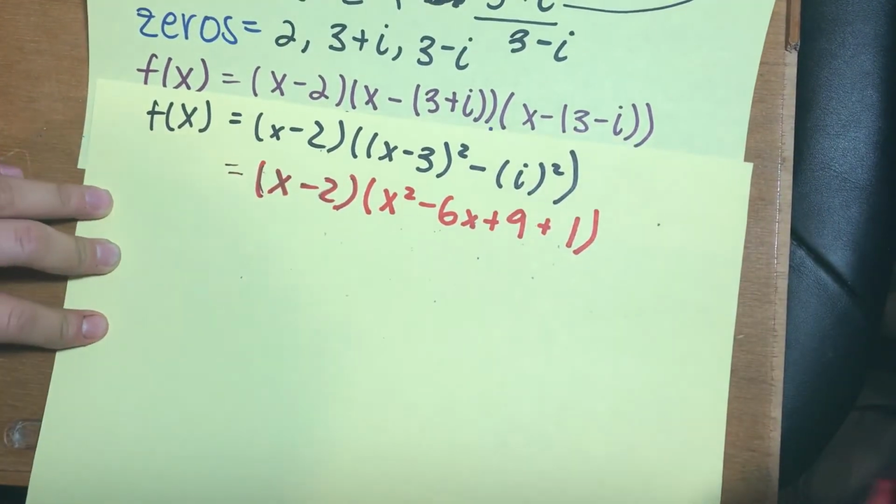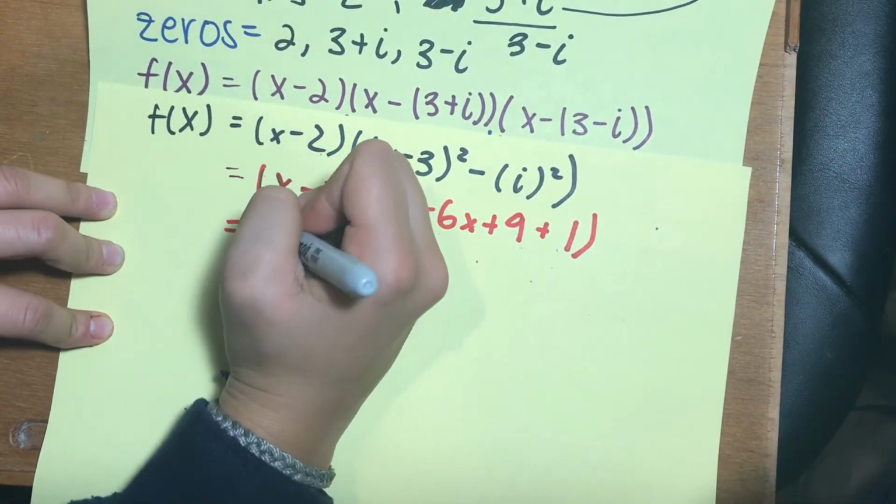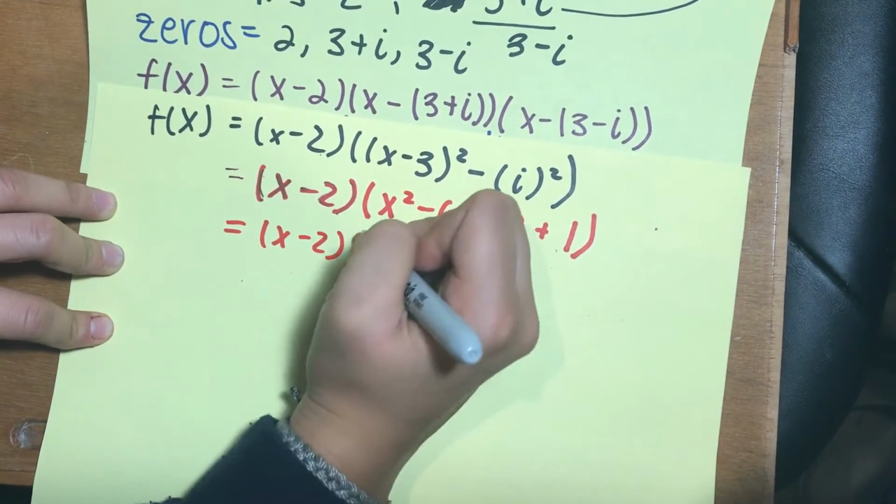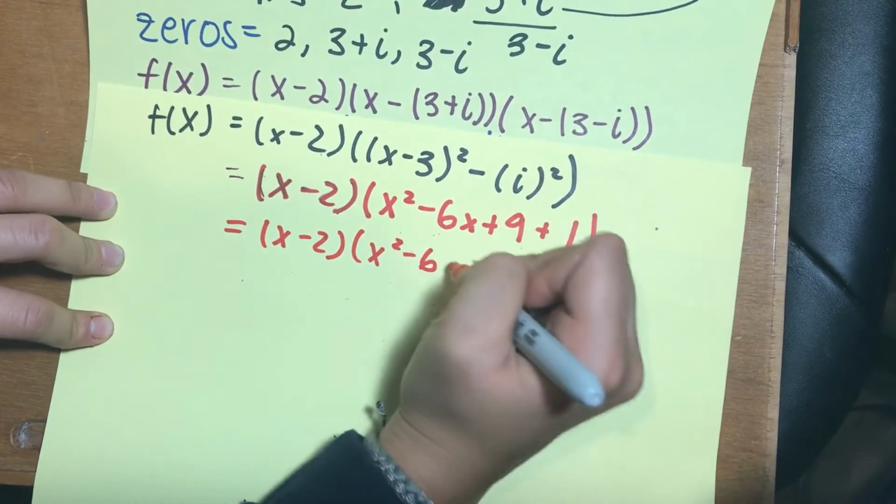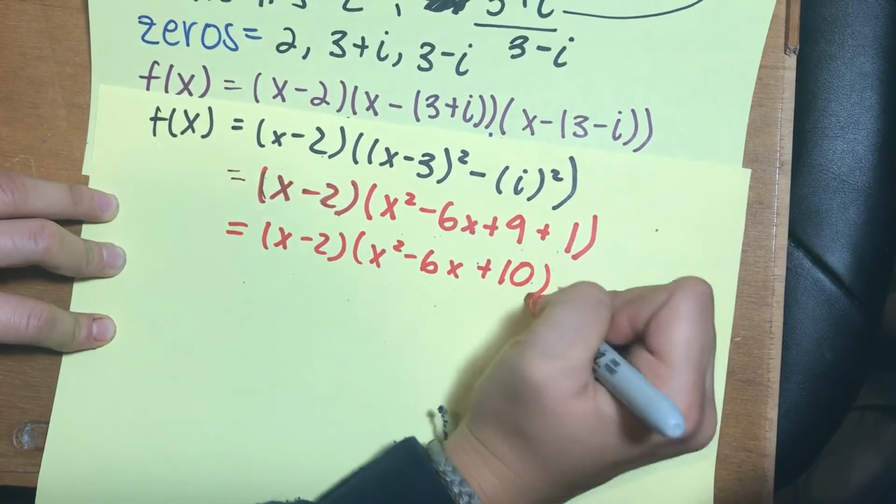So if we just keep doing this, we would get x minus 2 times x squared minus 6x plus 10.